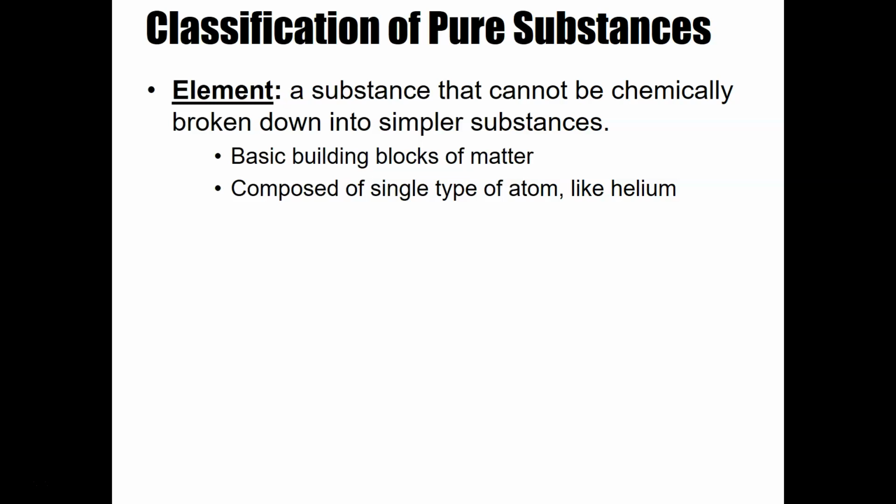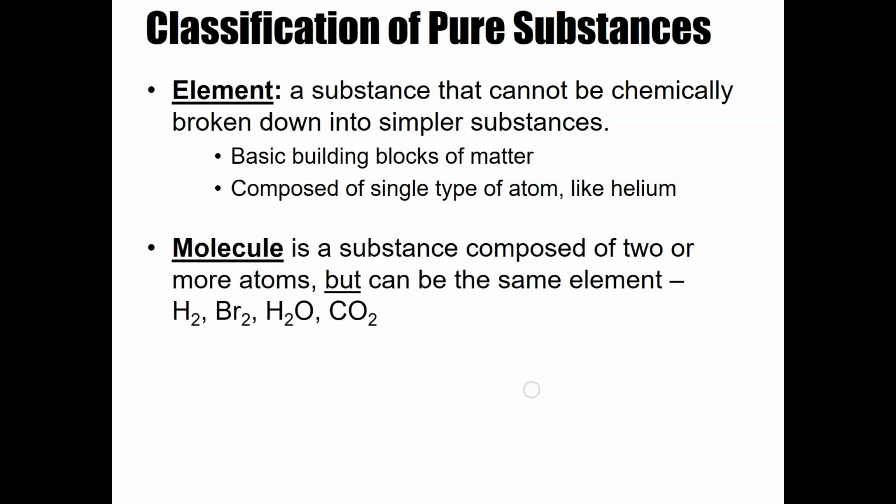You could also have a pure molecule. If all you have is hydrogen gas, even though it's a molecule, it's the only type of molecule you have, so it's a pure substance. If all you have is pure water, pure H2O, it's one type of molecule, so it's a pure substance.